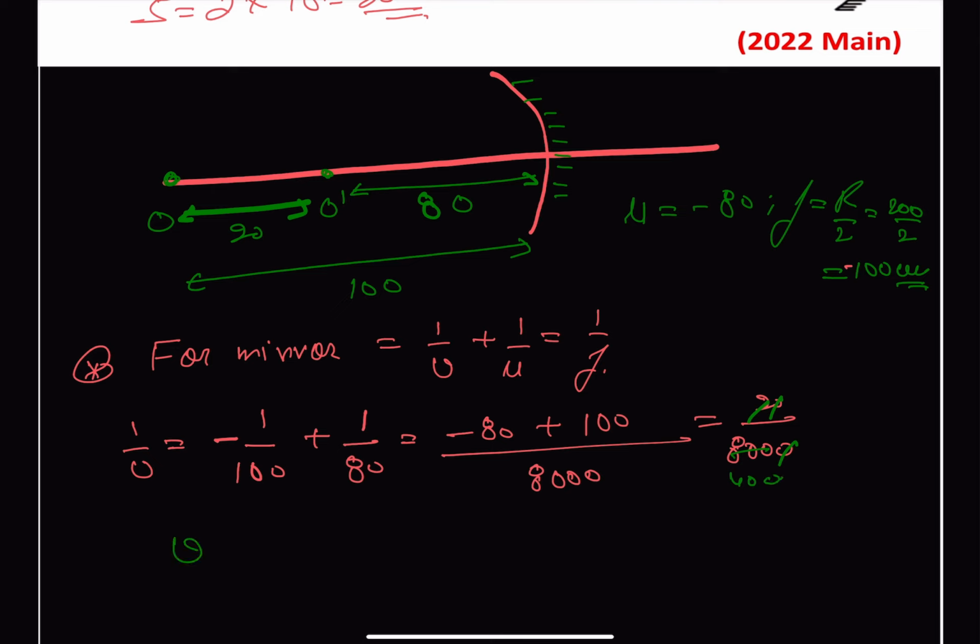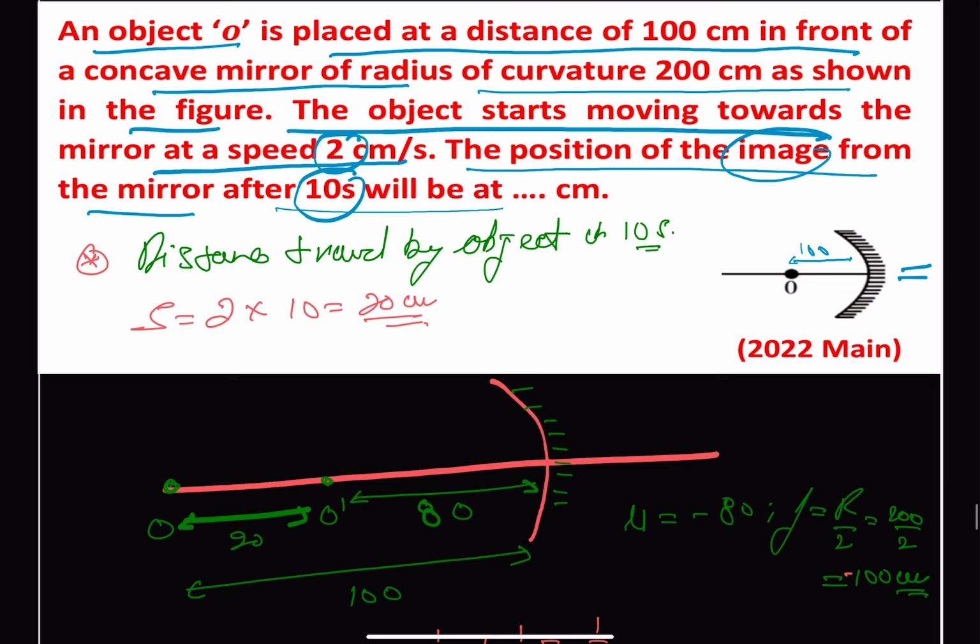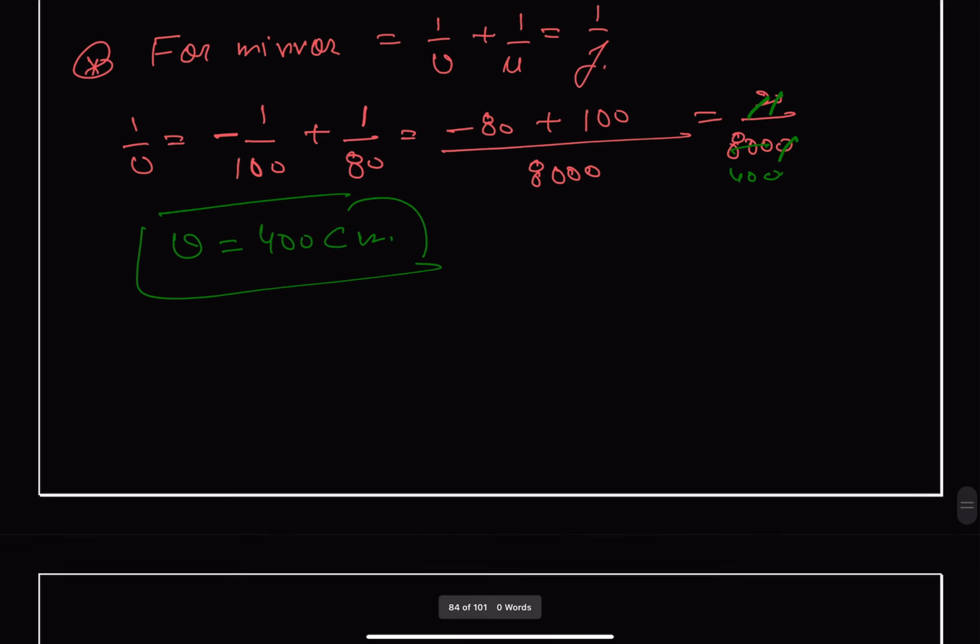Therefore, v, the position of the image, is 400 centimeters. So we have this as 400 centimeters. Next question.